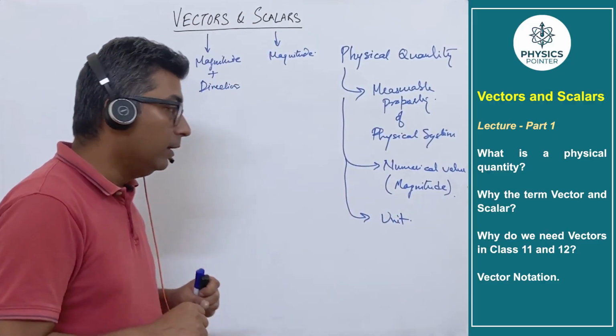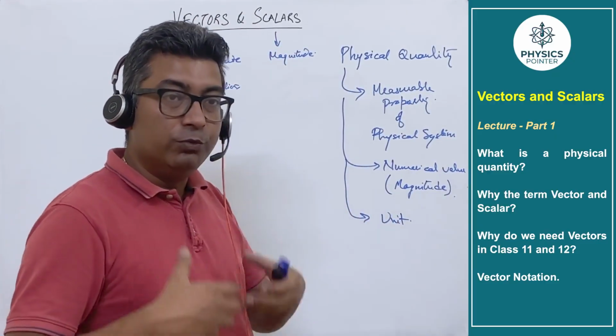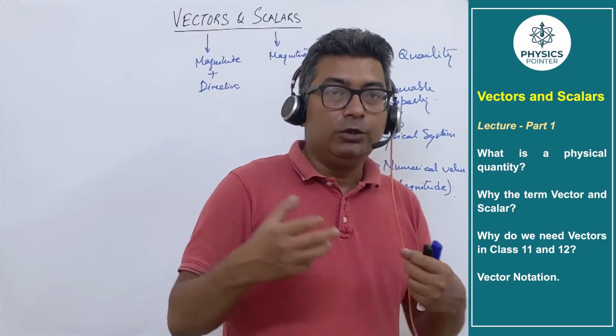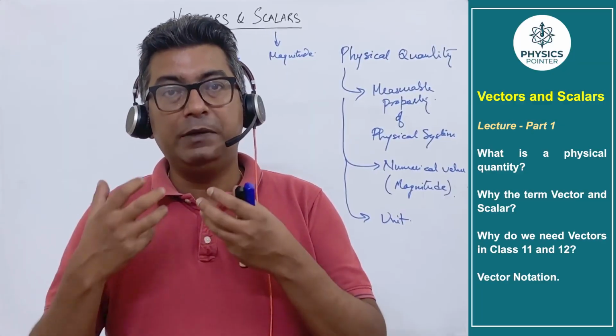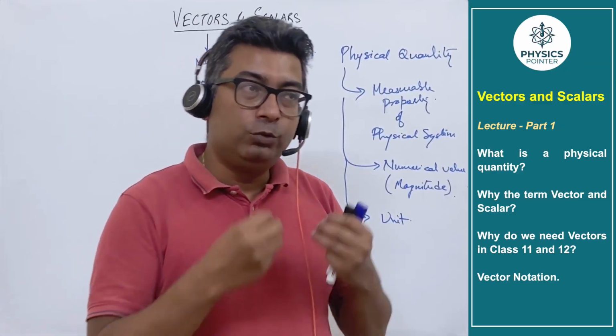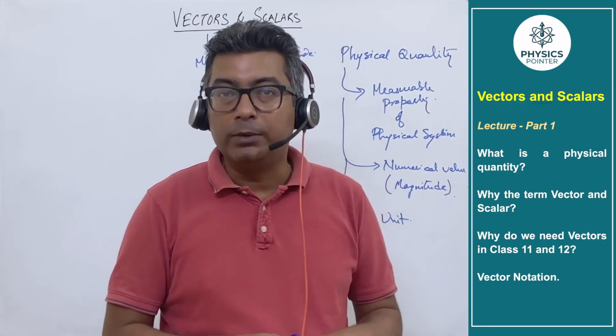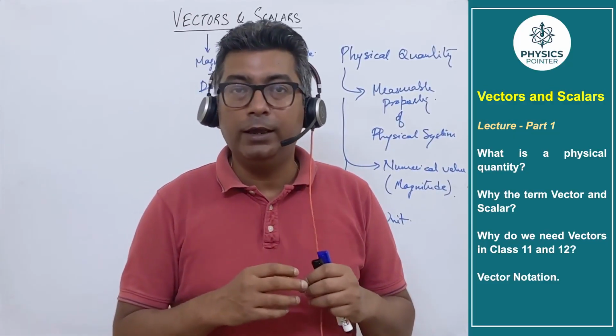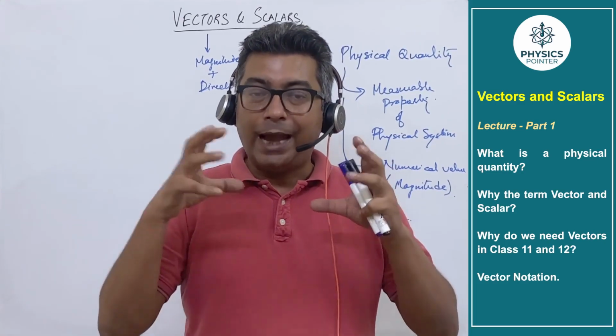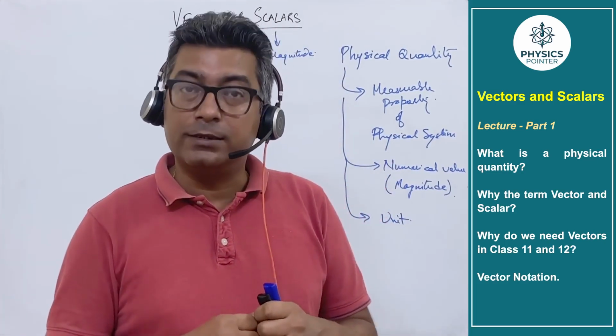However, when you move to class 11 and 12th, you will see that most of the problems that we will work on will have two-dimensional or three-dimensional problems. And direction for those cases is very important when you have multiple actors acting on a physical system.